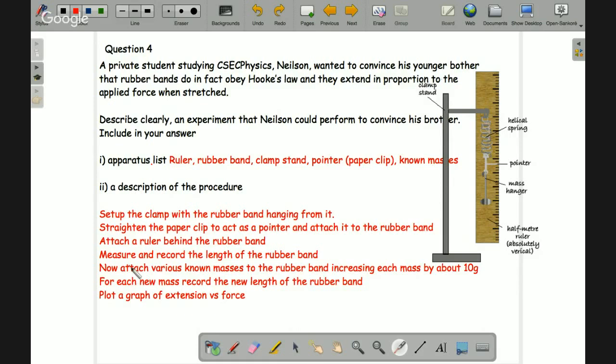That should be the initial length of the rubber band before you attach any load on it, right? Now attach various known masses to the rubber band, increasing each mass by about 10 grams, right? And then for each new mass, record the new length of the rubber band, okay? And then when you're finished, you're going to plot a graph of extension versus force. So that's the procedure. Is everybody clear?